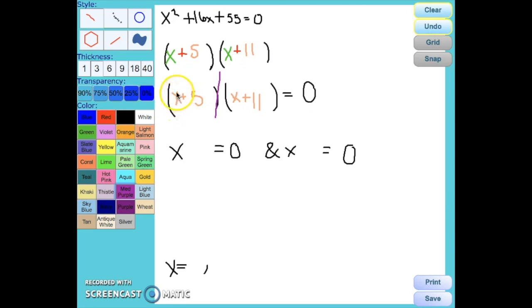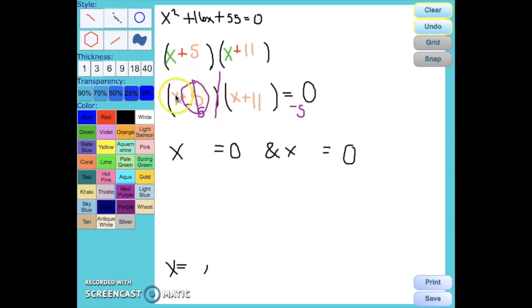If we want x to equal something, we need to get the 5 to the other side, or else we don't have a definite answer. So we need to cancel this out by subtracting 5. Now we have nothing but x on the left side, and we subtract 5 from the other side too.